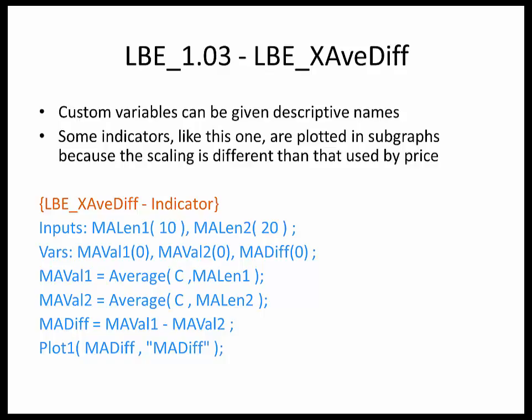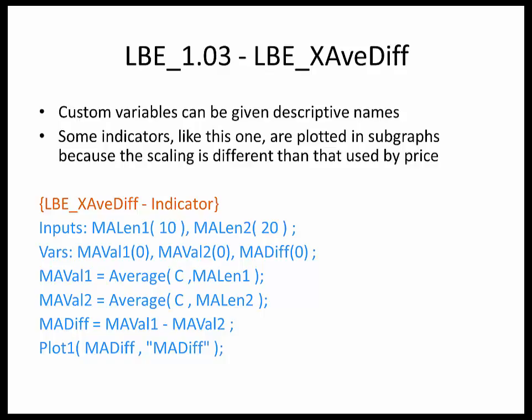Some indicators, like this one, are plotted in subgraphs because the scaling is different than that used by price, and scaling is set from the properties window, which, as you have seen from example 1 and example 2, is accessed by right-clicking in the background of the code.